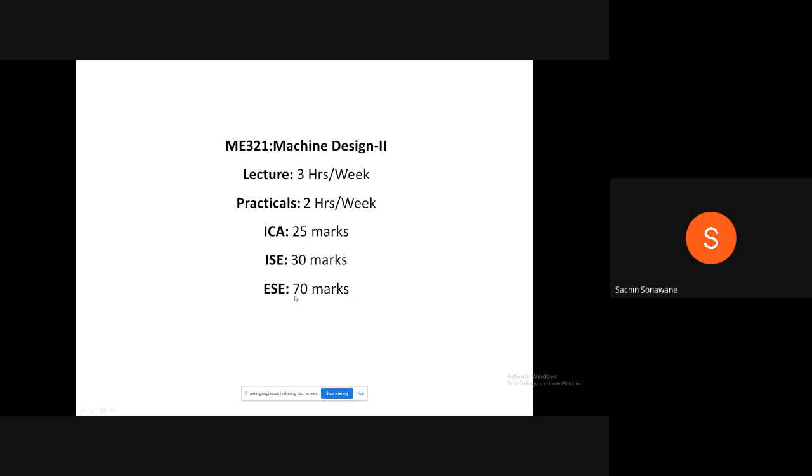That is, university examination is of 70 marks. It is having code of ME 321. 3 means third year, 2 means second semester, and 1 means first subject.